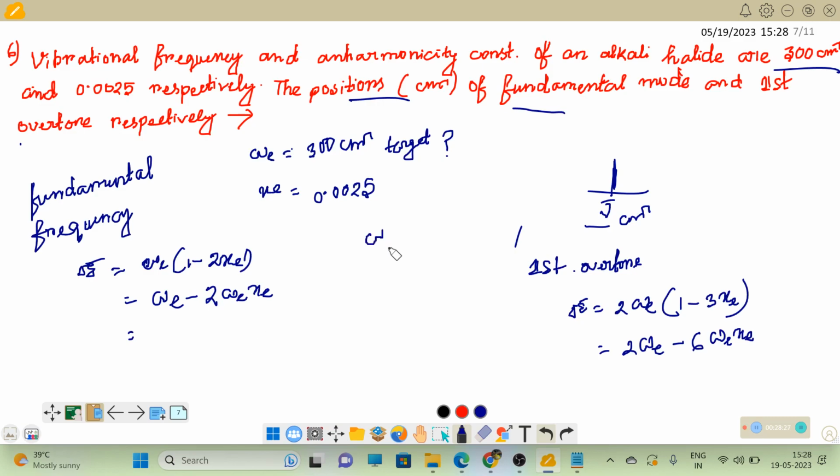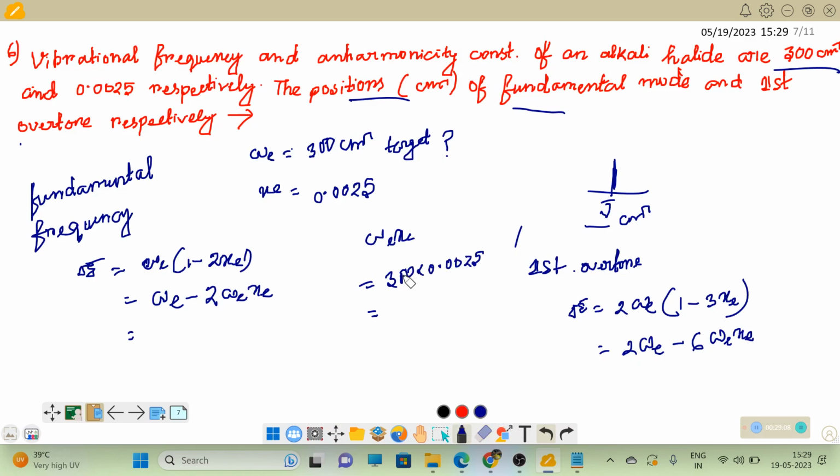Now omega e x e, what is the value? That is 300 into 0.0025. So if we multiply by 100, 0.25 into 3, it will come 1.5. Sorry, I'm making so many mistakes today. Sorry about the mistake.